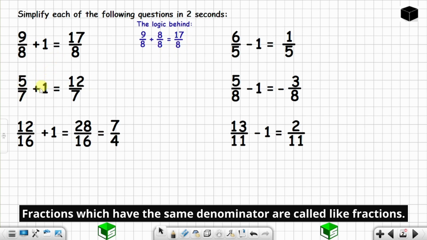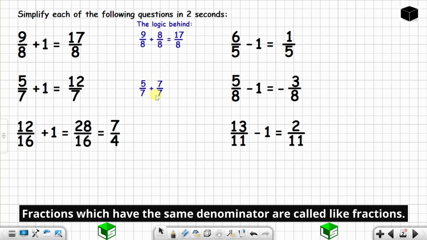The same way, when you have 5 over 7 plus 1, you can change 1 in such a way that you have like fractions. So 1 can be written as 7 over 7, which is 1.